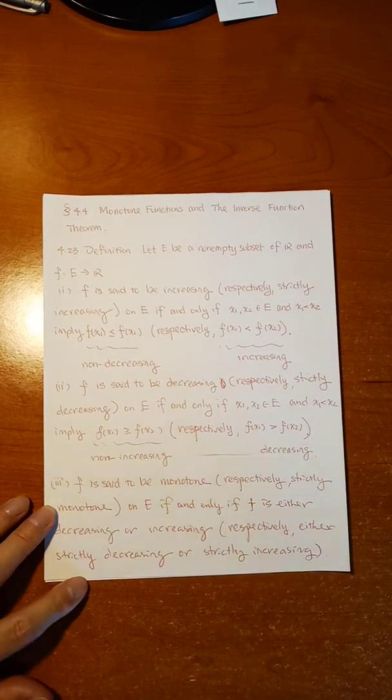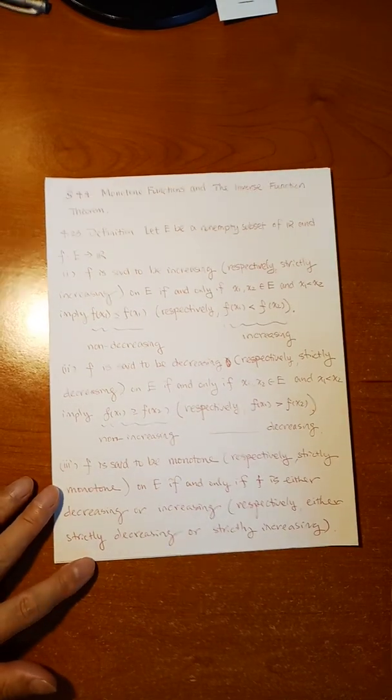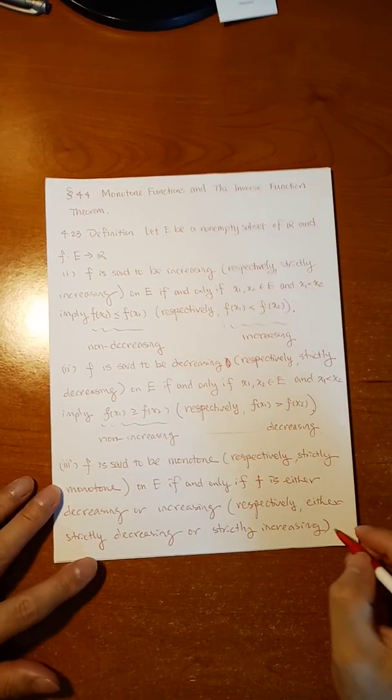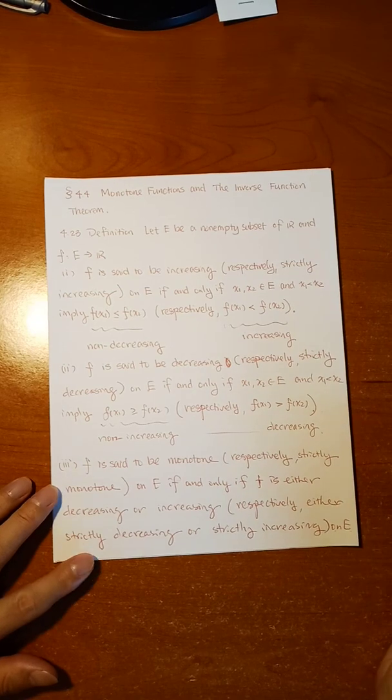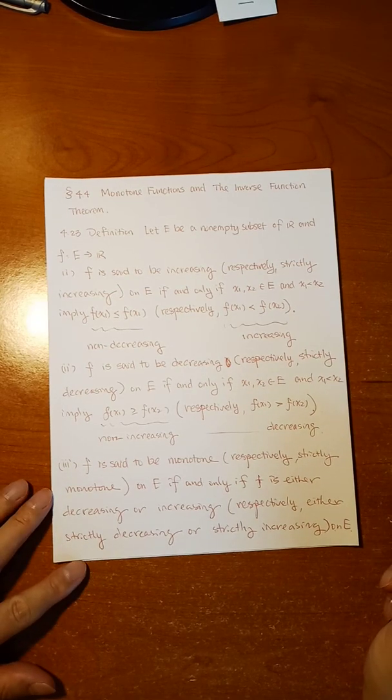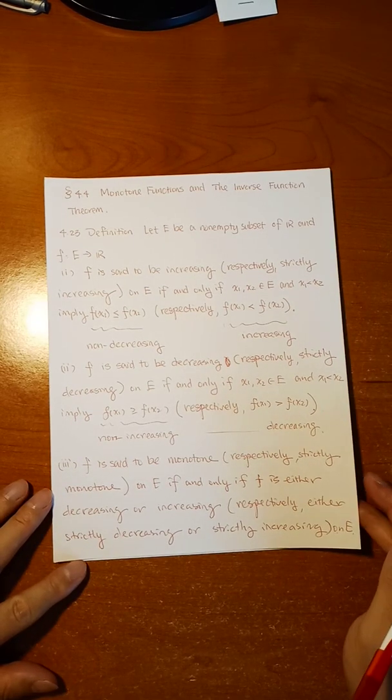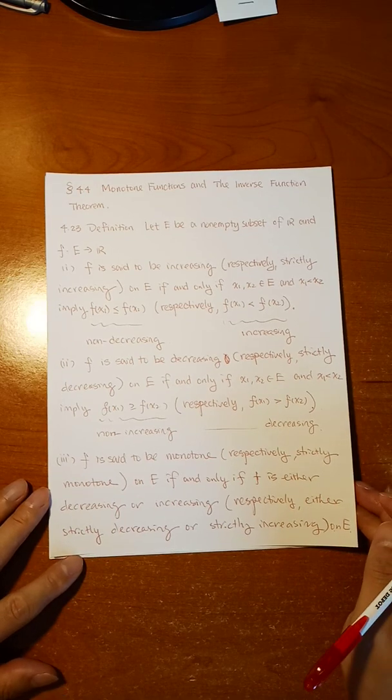Monotone is just a common word for increasing or decreasing on E. So we have increasing, decreasing, and monotone.